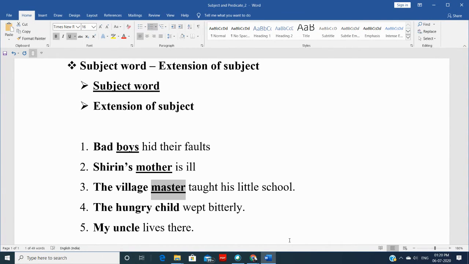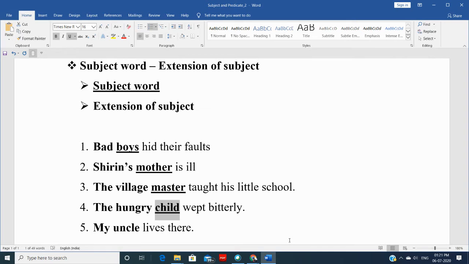All right. Next, "The hungry child wept bitterly." If you remove this, "The hungry wept bitterly." Now it's not making sense. But if you remove this, "The hungry child wept bitterly," yes, it's making sense. This means the word child of your subject becomes your subject word, because without this word you cannot make a sentence.